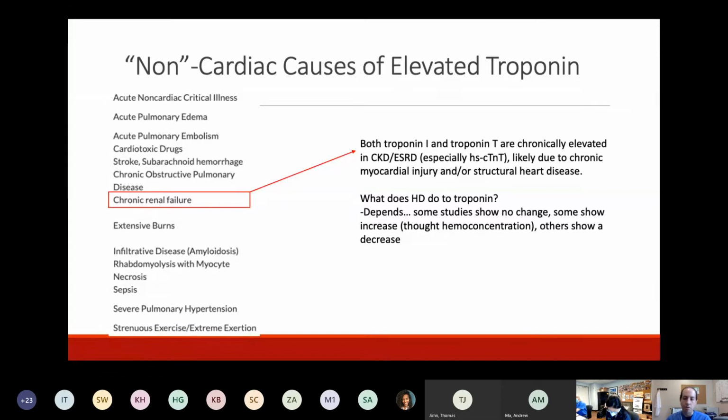In others, the troponins increase after dialysis, which they think is due to hemoconcentration, and other studies showed no difference in the troponin level. But globally, people who have renal failure have chronically elevated troponin, which is probably more due to the chronic stress on their heart. But you will very commonly see this on the wards. You'll see people who have a little bit of an NSTEMI, and then the troponin kind of just lingers for a long time.